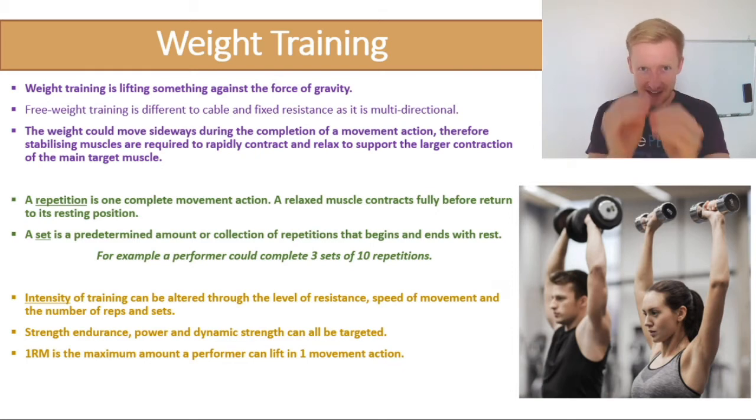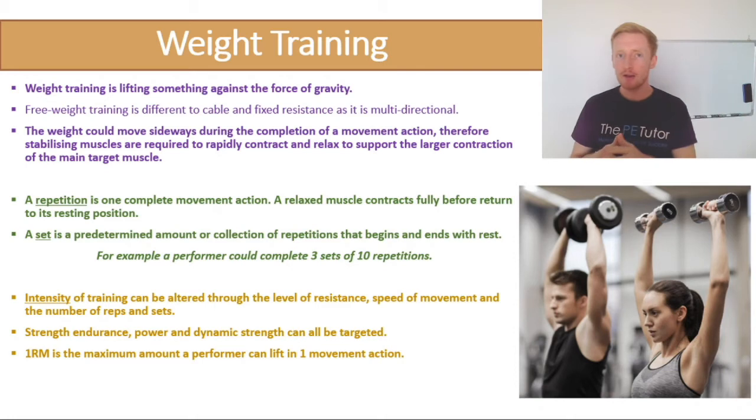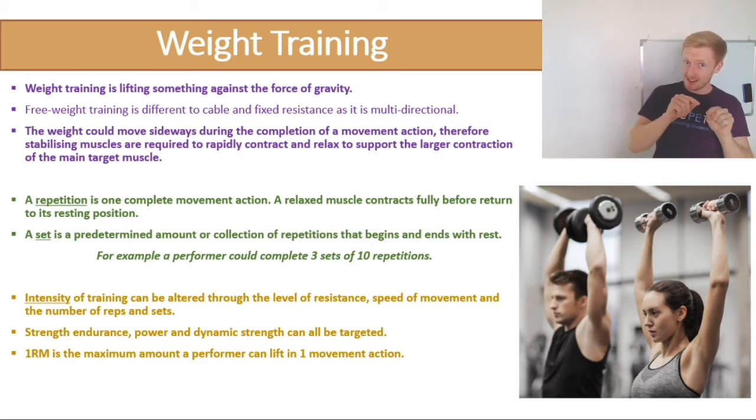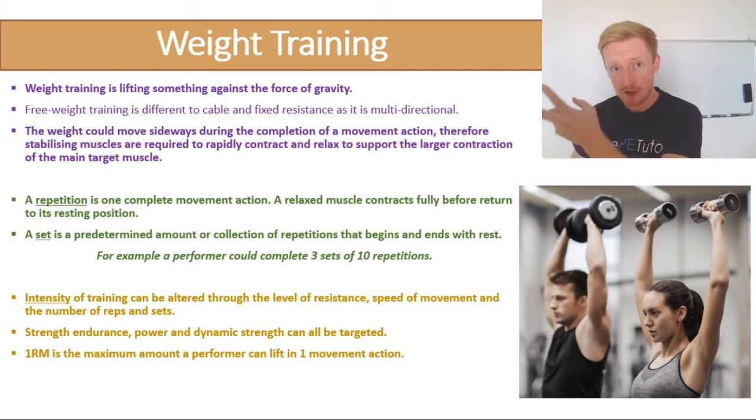So that weight that they could lift 1 time, 1 repetition, that's their 1 rep max. So we can then start to decide what percentage of that we decide to move, and depending on that will determine whether we do strength endurance, explosive power, or dynamic strength.